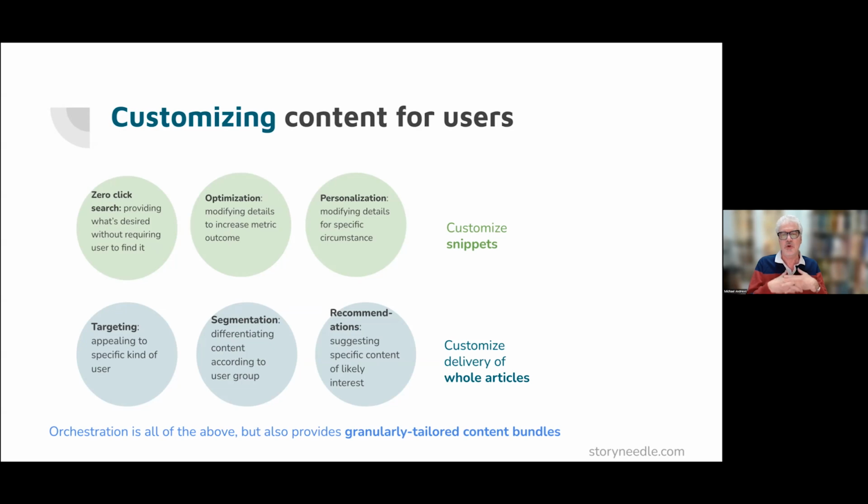So what orchestration does is it actually draws on some of the learnings of these different techniques and takes bits of all of them. And by doing so, it can give maybe a more granularly tailored bundle of content to people. So you are changing more details and you're thinking more about who to deliver this to.